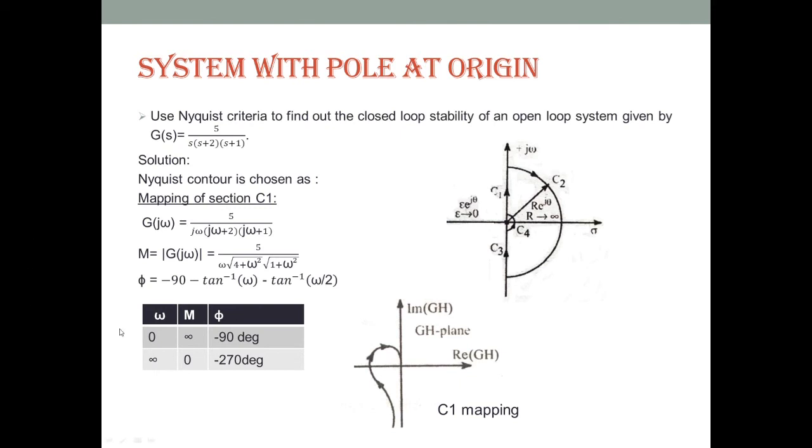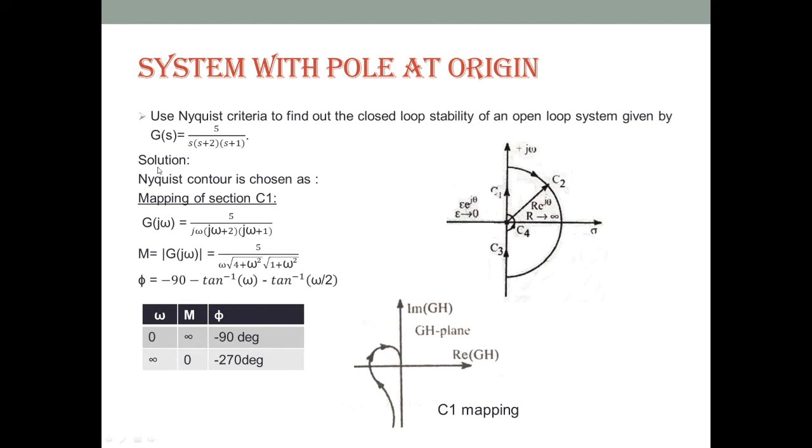The angle contribution for a single pole is minus 90 degrees, because it is in the denominator. Tan inverse of y by x: the imaginary part is omega and the real part is 0, so tan inverse of omega by 0 is tan inverse of infinity, which is 90 degrees.